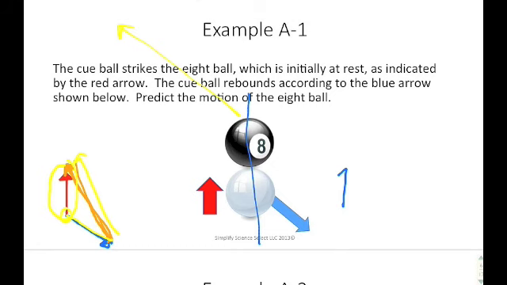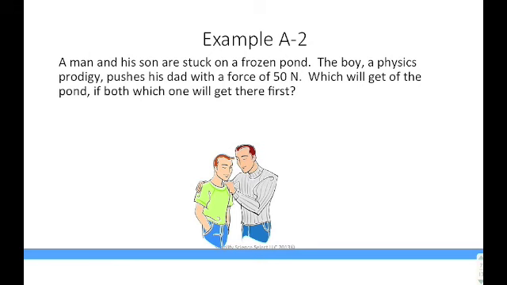This is a man and his son stuck on a frozen pond. The boy, a physics prodigy, pushes his dad with a force of 50 newtons, so you have a force exerted this way. It asks which one will get off the pond first. So this is an example of momentum being conserved. Before they start, the momentum is 0.